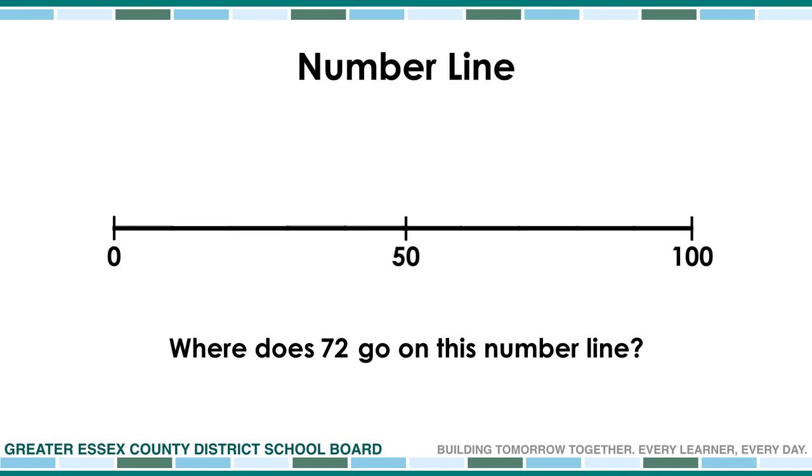Then they might half again, but this time the distance between 0 and 50 to reveal where 25 should lie. And from here, they might use their understanding of fourths of 100 cents or $1 to determine that the 3/4 mark, or halfway between 50 and 100, should be 75, leaving the students to place 72 a tad to the left of 75.